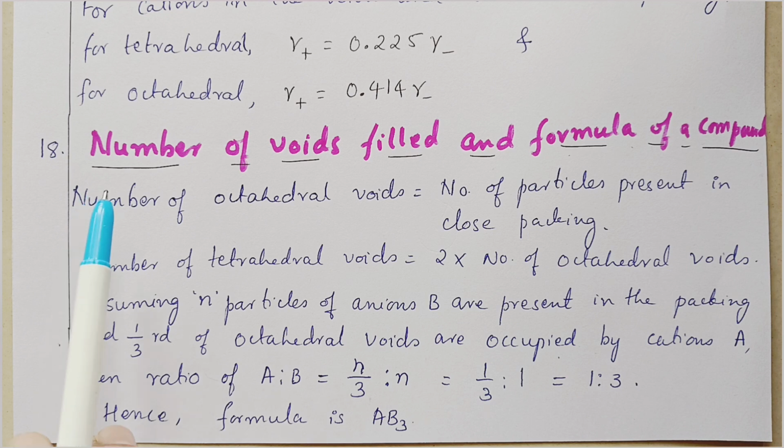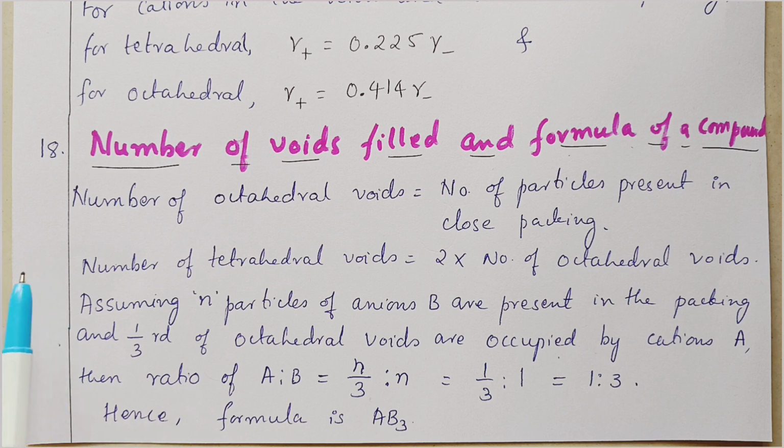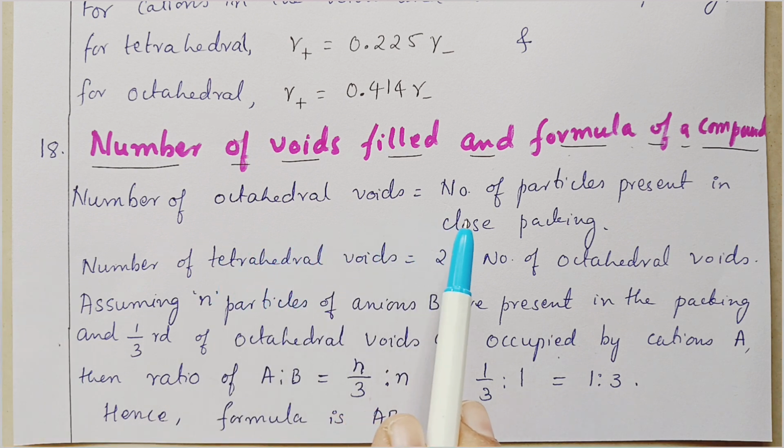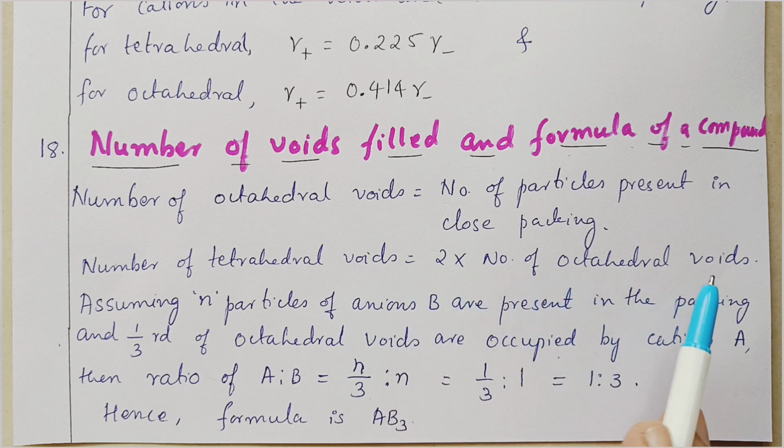Next topic is number of voids filled and formula of a compound. See students, number of octahedral voids is equal to number of particles present in the close packing, and number of tetrahedral voids is equal to 2 into number of octahedral voids.